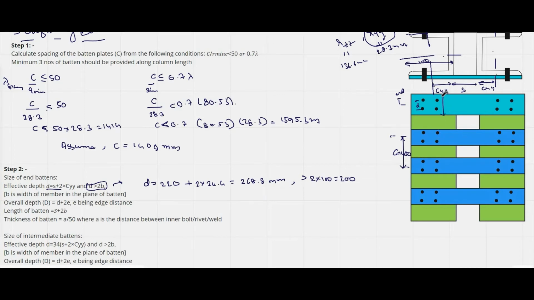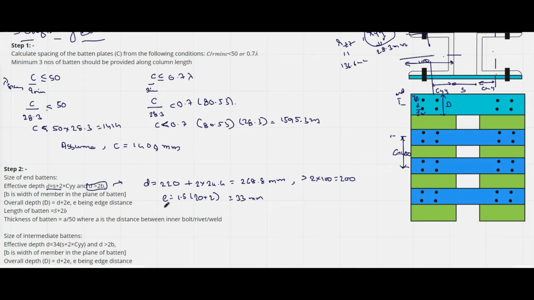Now let us calculate the overall depth of the end batten. To calculate the overall depth of the end batten, just add the end distance on both sides of the member. So let us calculate the end distance: as these are rolled sections, it is 1.5 times the diameter of the bolt hole. Let us assume the diameter of the bolt as 20 mm plus 2 as clearance, which will be around 33 mm.